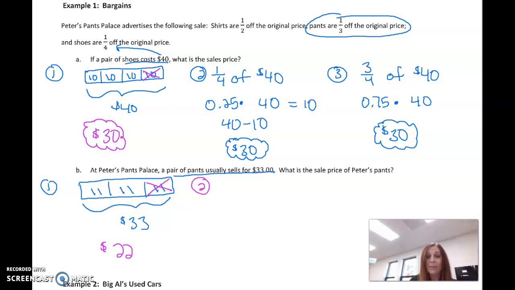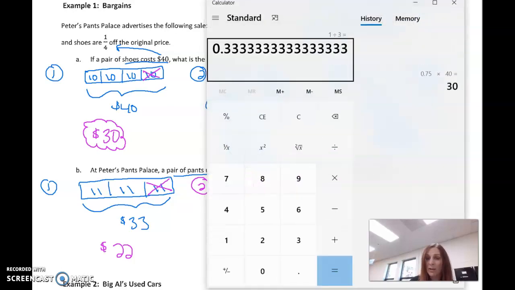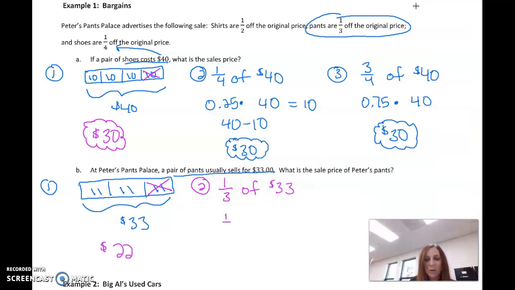Again, if we think of it as I'm getting 1/3 off of the original price of $33. In this case, I'm not going to change this to a decimal because if I were to go 1 divided by 3, it's going to be a repeating decimal. So in this case, I'm going to go 1/3 times, of means to multiply, 33 over 1, using our work with fractions here.